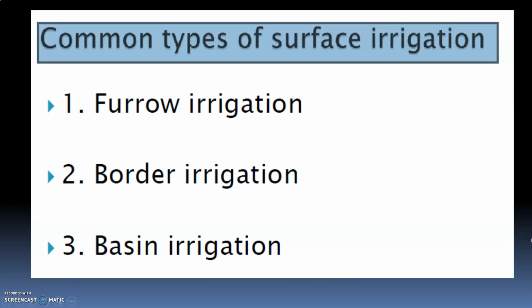Next, we'll see the different types of irrigation under surface irrigation. Mainly it is categorized under three heads: furrow irrigation, border irrigation and basin irrigation. Let us see first what is furrow irrigation.